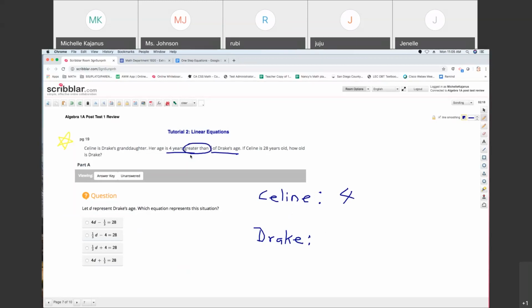Now I'm going to translate this into a mathematical symbol, and I'm going to select one of the main four, which is addition, subtraction, multiplication, and division. Greater than, so she's 4 years older, 4 years more, 1/3 Drake's age.